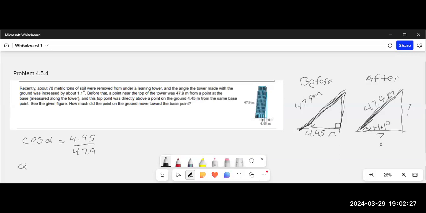And we're going to say that alpha is equal to arc cosine of 4.45 over 47.9. We're going to make sure that we're in degree mode in our calculator because we're adding 1.1 degrees to this when we're done. So let's find the arc cosine of 4.45 divided by 47.9.